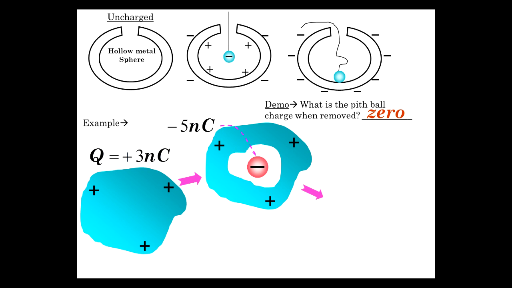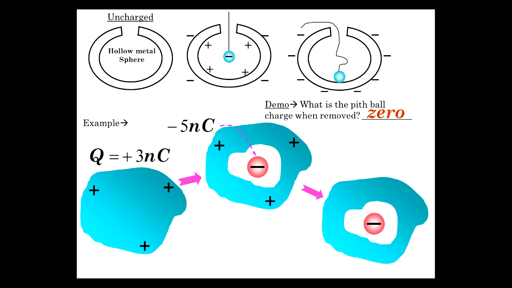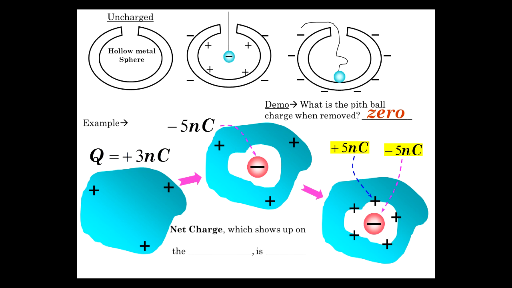All right, so in the next scene, what does that do? Well, that negative 5 nanocoulombs, if it's hovering there, we put a Gaussian surface around here. We better not enclose any charge. So we better have plus 5 nanocoulombs on the very inside surface of the cavity. That's exactly what happens. There's positive 5 nanocoulombs.